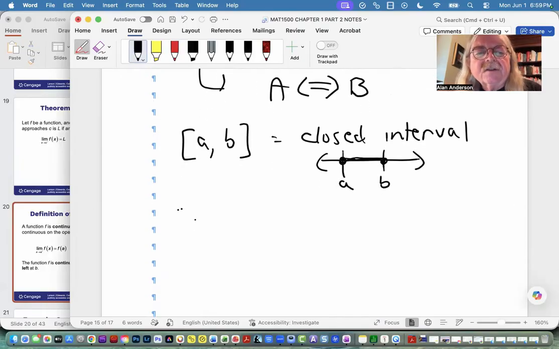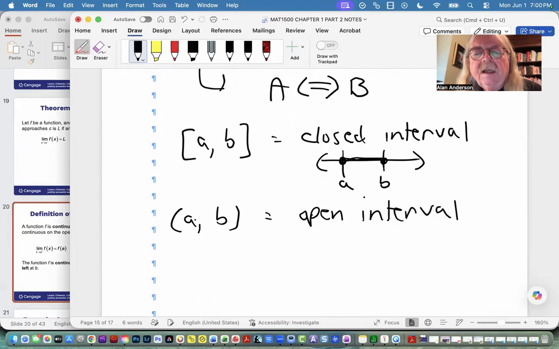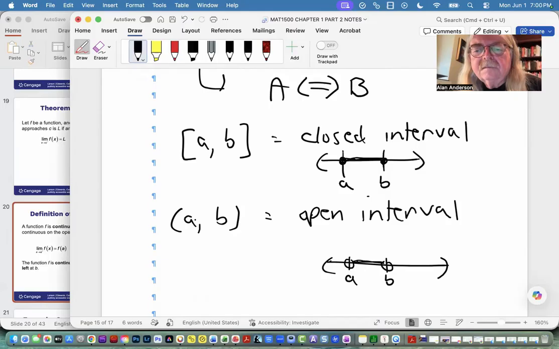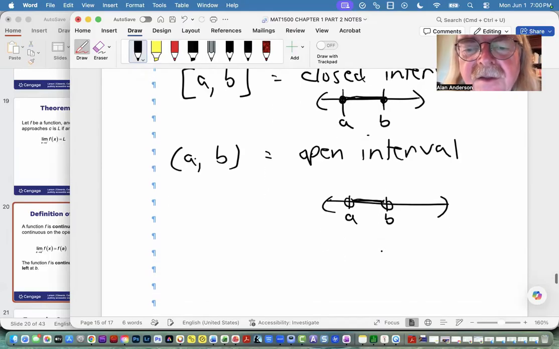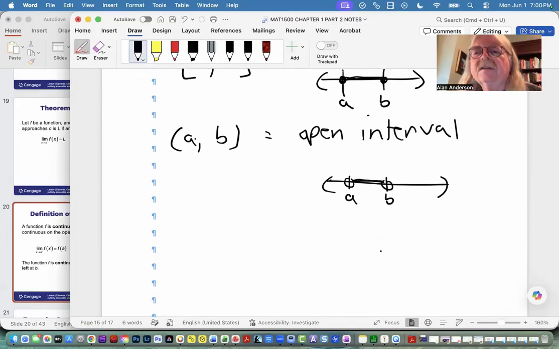Open is the other extreme, where neither endpoint is included. So sometimes when they're talking about continuity, they make a distinction between a closed and an open interval.